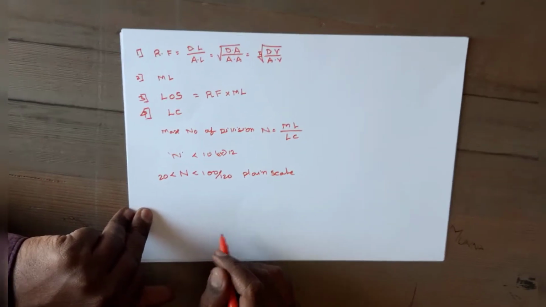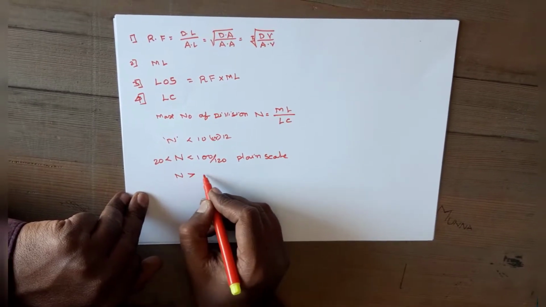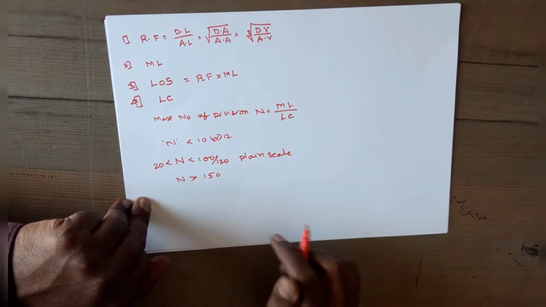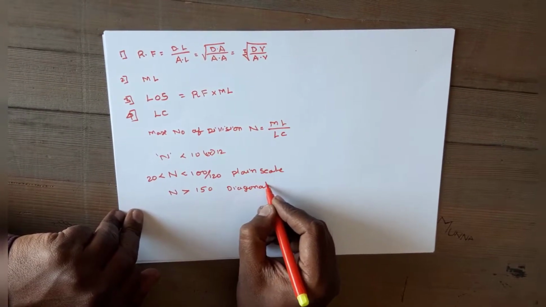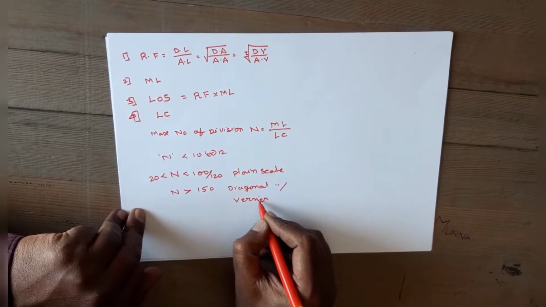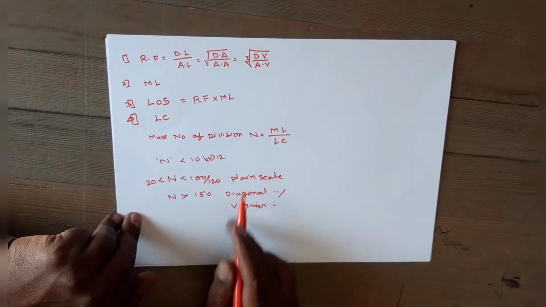And one more thing, if N value is further higher, greater than 150 or 200 up to 600 or 700, then we can go ahead with diagonal scale or vernier scale.